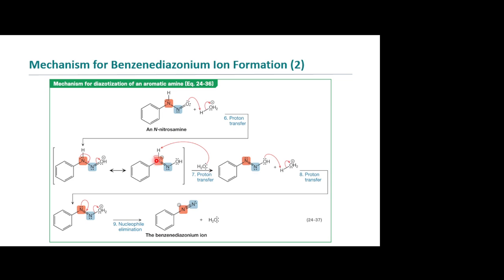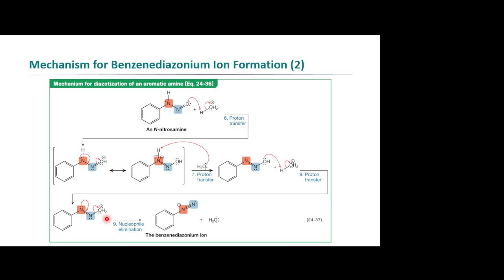Okay. We'll get the proton transfer, taking that proton off onto our water. That's going to, again, give us this H3O plus. This is going to, again, acidify the OH. That's going to give us that H2O plus again, which is a good leaving group, right? And so the H2O plus is going to leave.